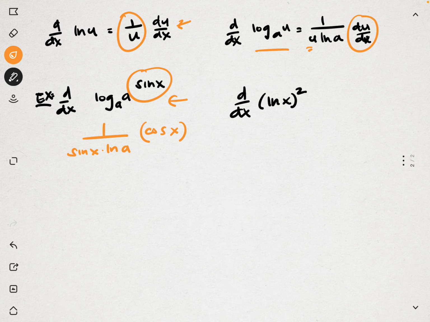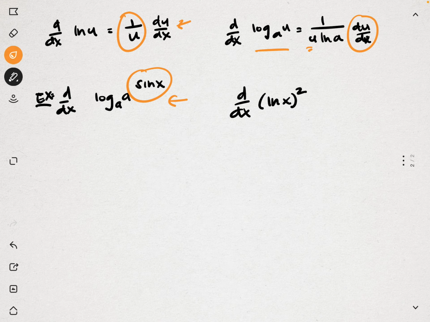So altogether we have cosine x over sine x. Wait a minute. Log base a to the u. Wait, let's start this over. We misplaced this a.